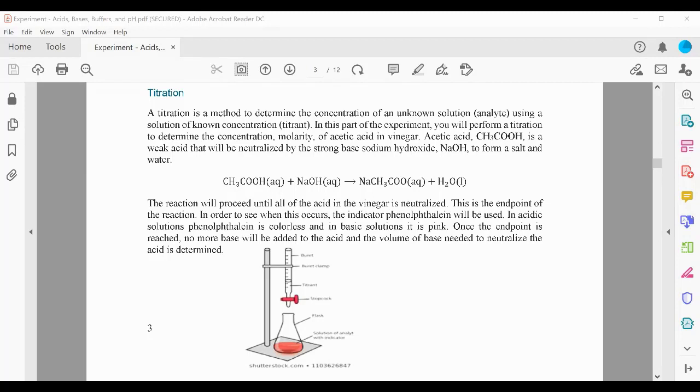But the other one is when you observe it. In theory, with the correct indicator, the end point of the titration is very, very close to the equivalence point, because we are using an indicator to know where the equivalence point is. As you said, the end point is when we see the color change. It should be very close to the equivalence point.